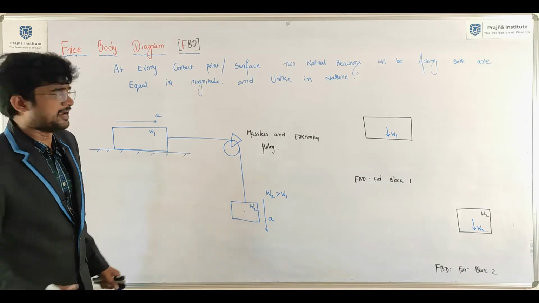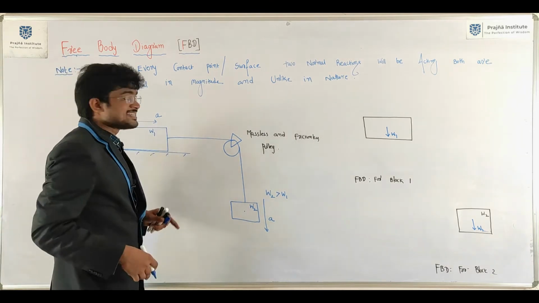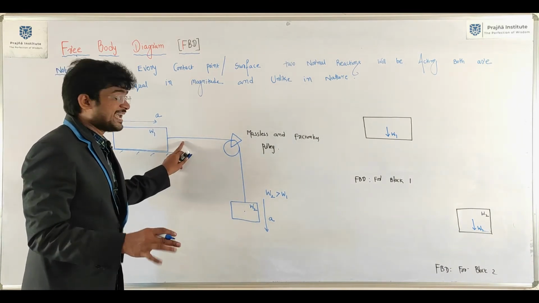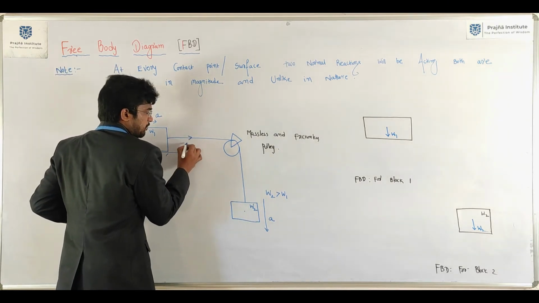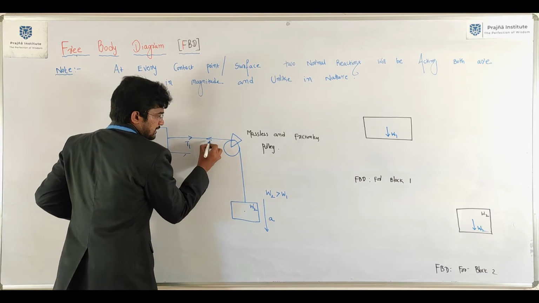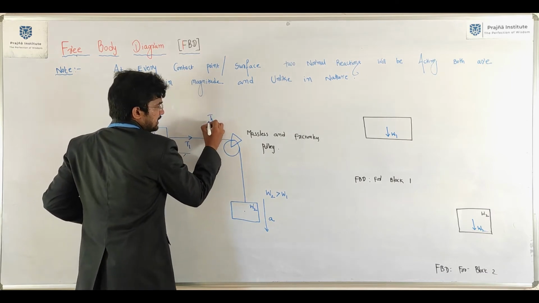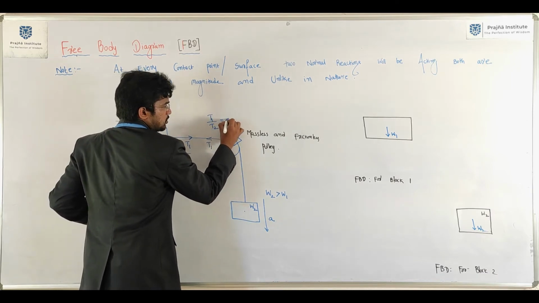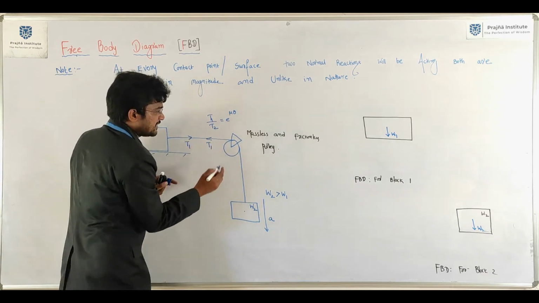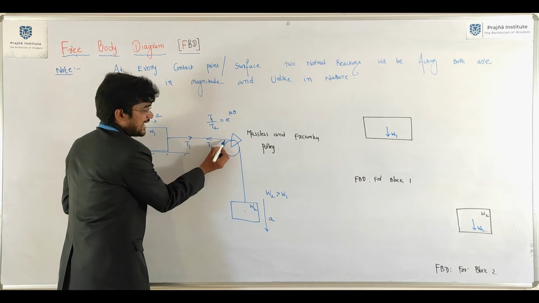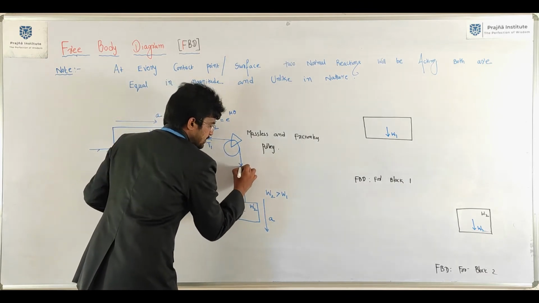What is the second statement? Tension always pulls the body. This tension may be T1 and T2. Here T1 by T2 equals e power mu theta. If it is moving like this, there will be a tight side and a slack side.